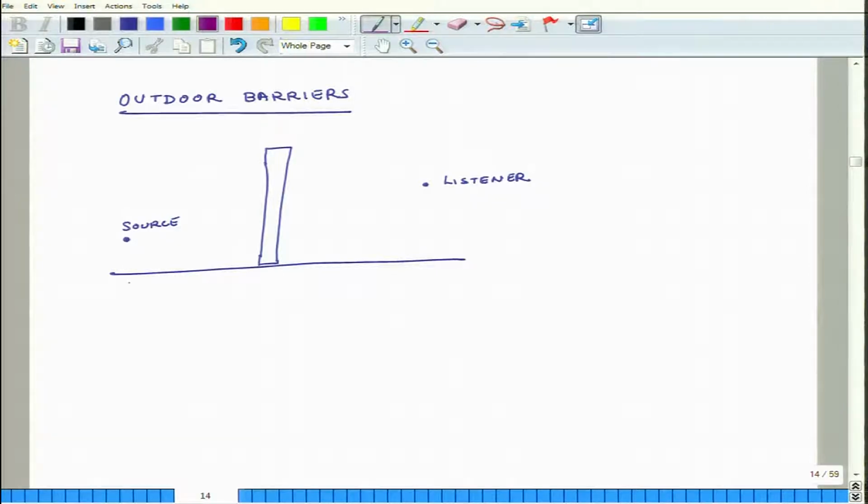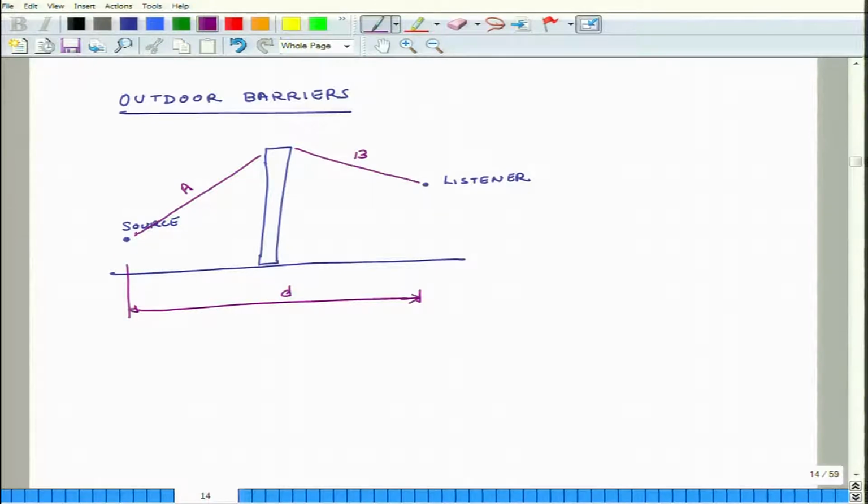And let us say this distance with respect to ground is d, in the horizontal direction is d, and this distance from the source to the top of the barrier we will call A, and from the top of the barrier to the location of the listener we call B.